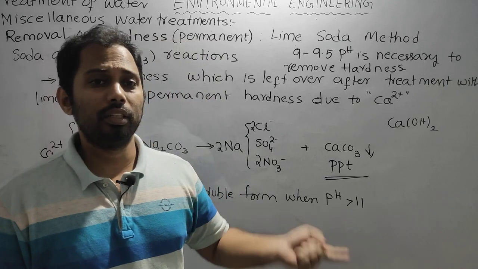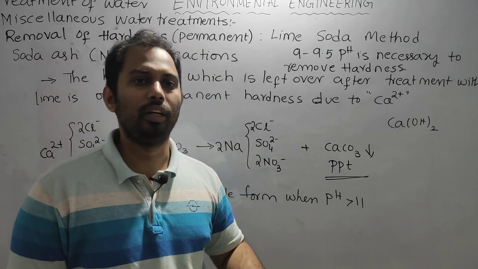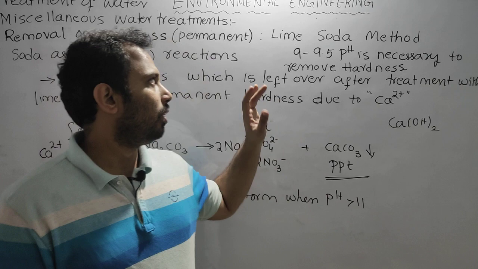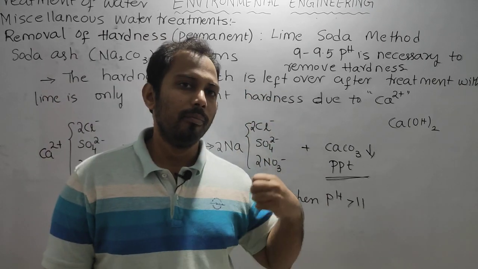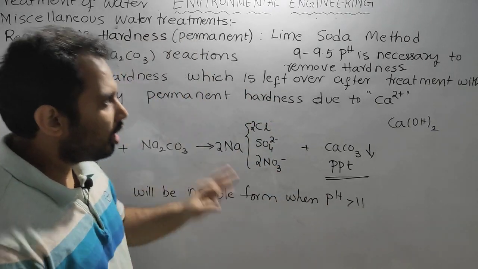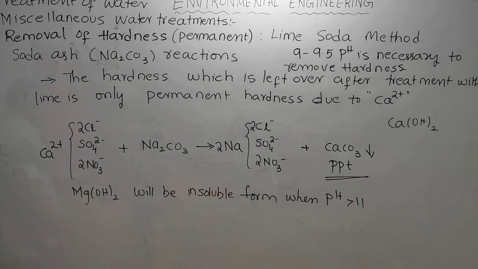That means still there is some hardness present inside the water even after the lime soda process. That is the hardness. So there will be residual hardness present in the water.